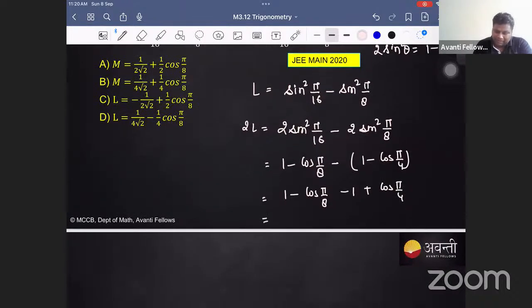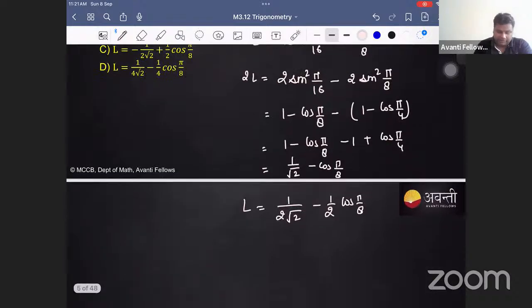So this 1 cancels. Cos pi by 4 is 1 by root 2 minus cos pi by 8. So the value of L is 1 upon 2 root 2 minus 1 by 2 cos pi by 8. And in that case, neither C nor D is matching. C and D both incorrect.